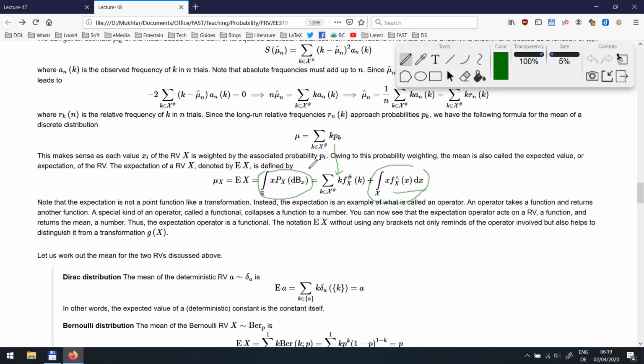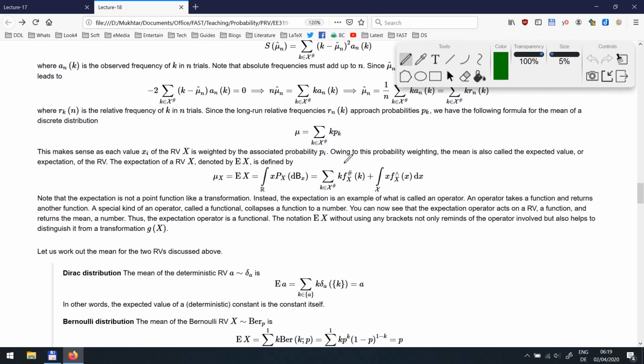Now the reason I want to write this is that it is much more convenient to write this integral, because we know it will become this summation for discrete, it will become this integration for continuous, and for mixed you will have both. So this is a more universal definition which includes those as special cases.